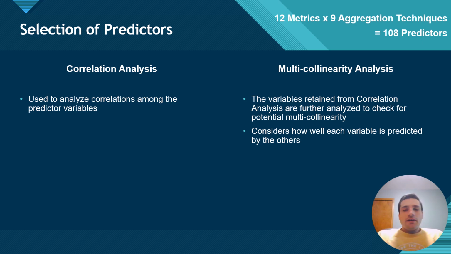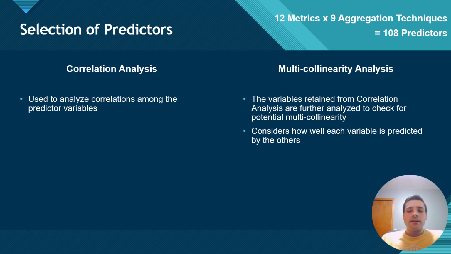So with the 12 metrics and the 9 different aggregation techniques, that gave them 108 predictors. So from there, they used 2 different types of analysis, correlation analysis and multi-collinearity analysis. The correlation analysis was used to analyze correlations among the predictor variables.